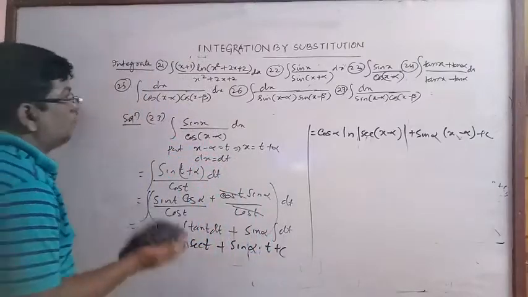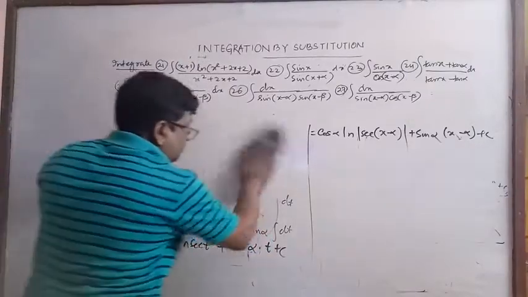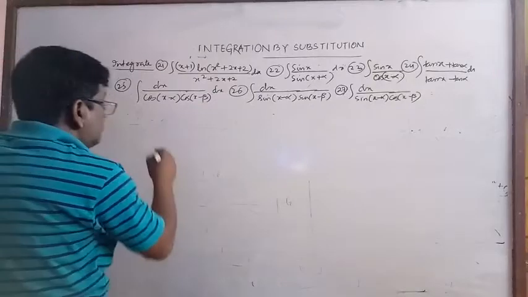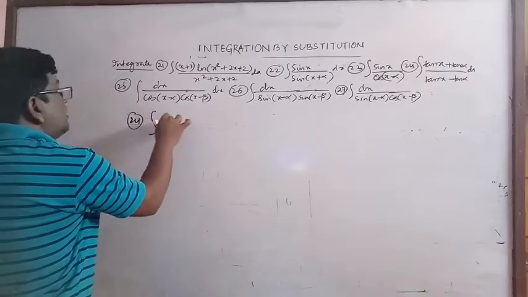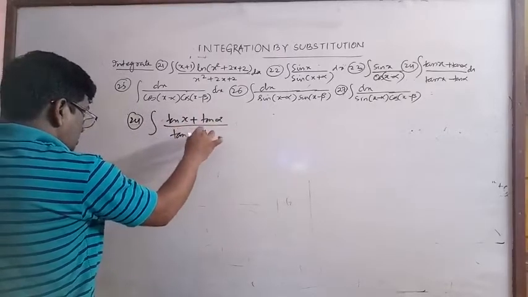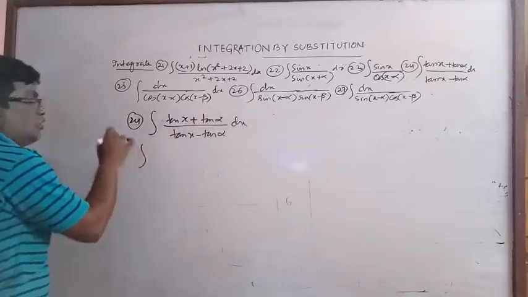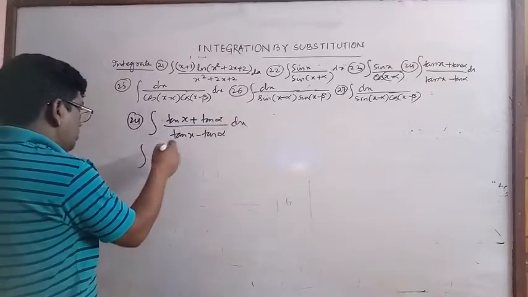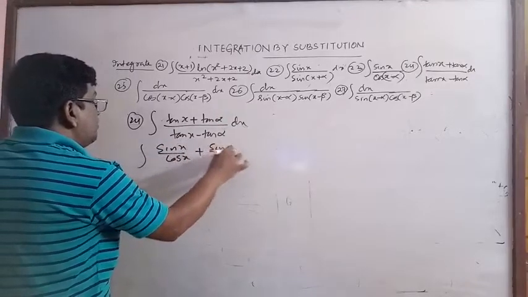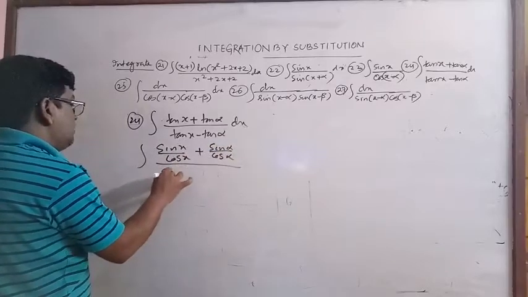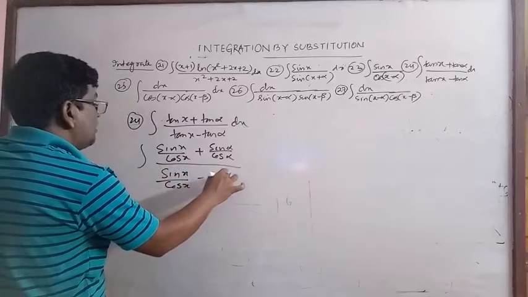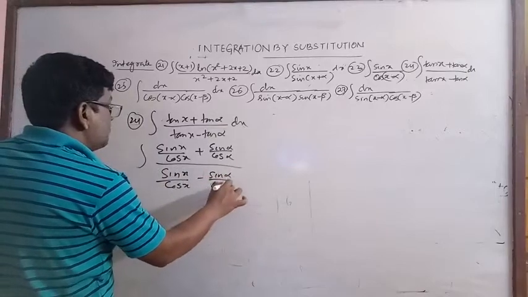Now question number 24. What is question number 24? The integral of (tan x plus tan alpha) divided by (tan x minus tan alpha) dx. So transfer tan into sin by cos: sin x by cos x plus sin alpha by cos alpha, divided by sin x by cos x minus sin alpha by cos alpha, dx.